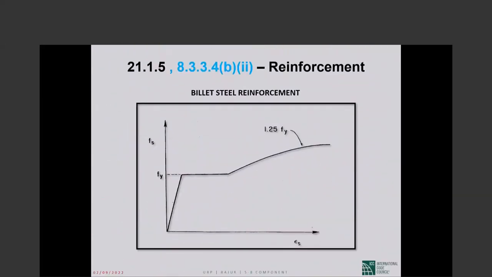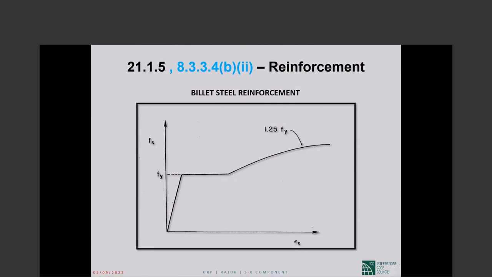The third supplemental requirement is that the actual tensile strength, when you test your reinforcing bar specimens, shall not be any lower than 125% of the actual yield strength of the reinforcement. Okay?